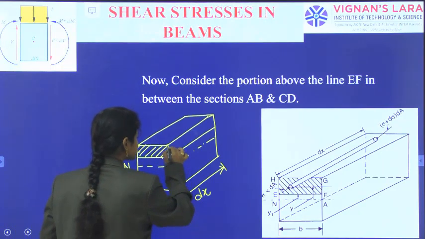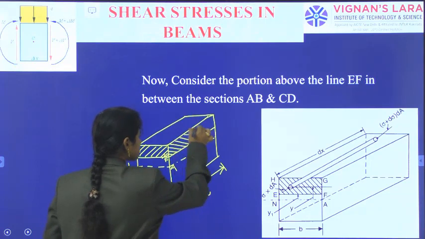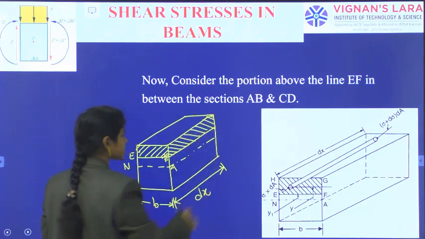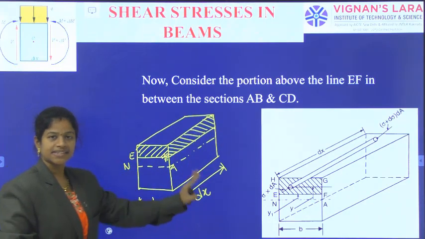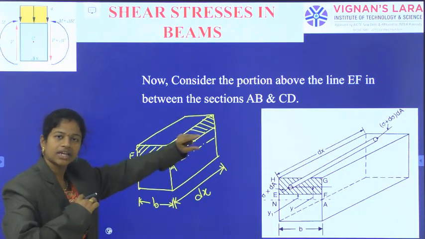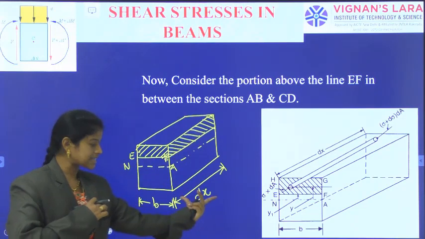So this is the segment I am considering, completely in between the section AB and the section CD, and completely above the level EF in the dx length.